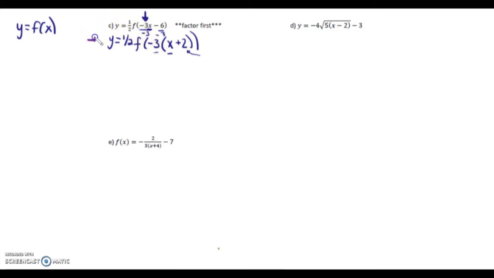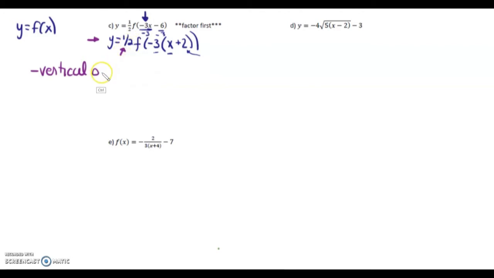Okay, so based on this one, we're going to go in order. So this 1/2 is a vertical stretch by a factor of, this is not a stretch, this is a compression.